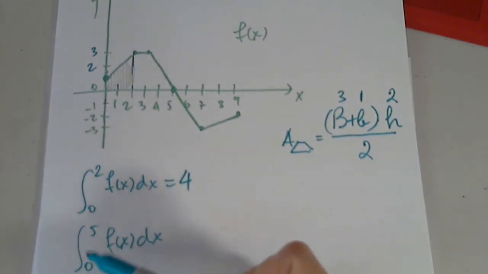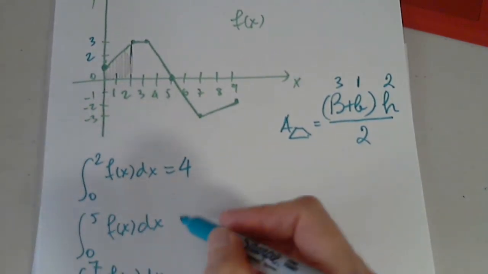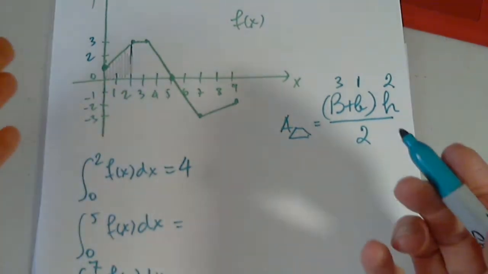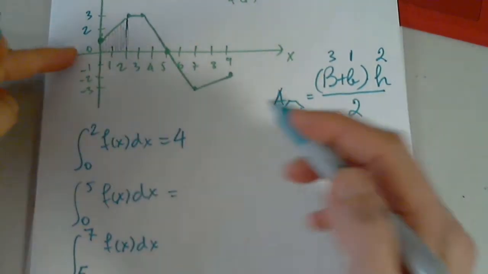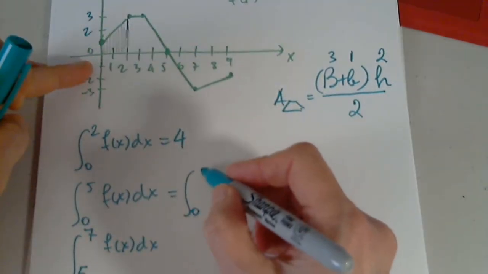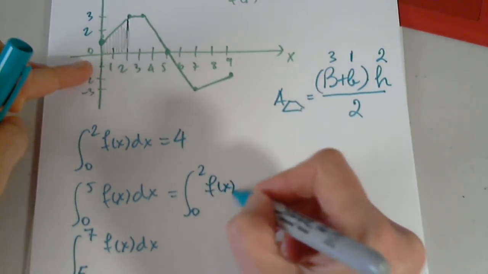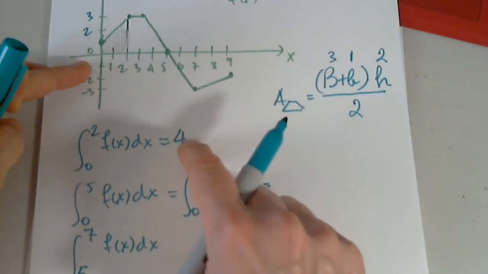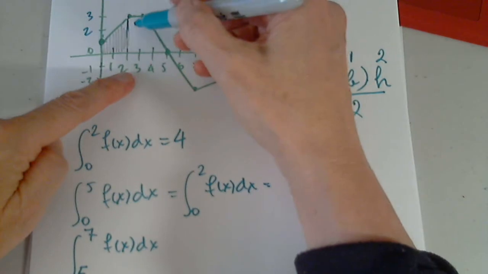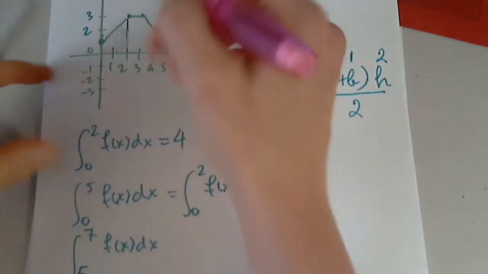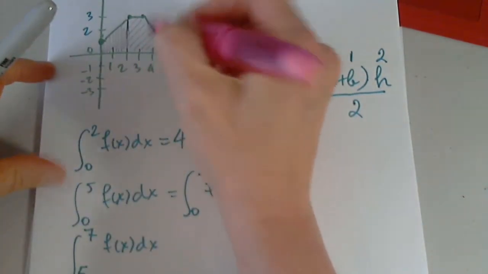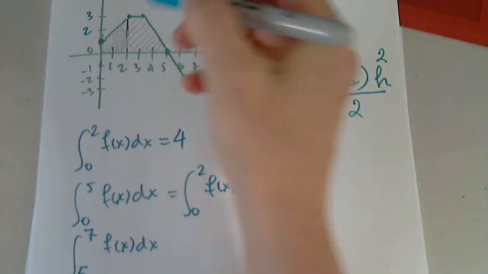Then I'm asked to find the integral from 0 to 5. But the integral from 0 to 5, from the properties that we just looked at, will be the integral from 0 to 2, which I already have determined in part A. But I have to add this area, which is another trapezoid.